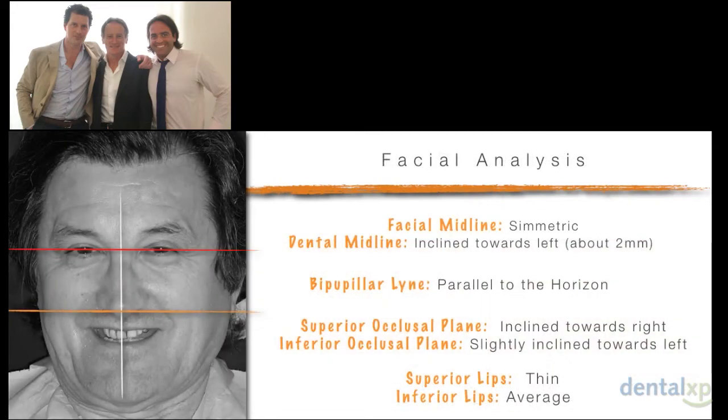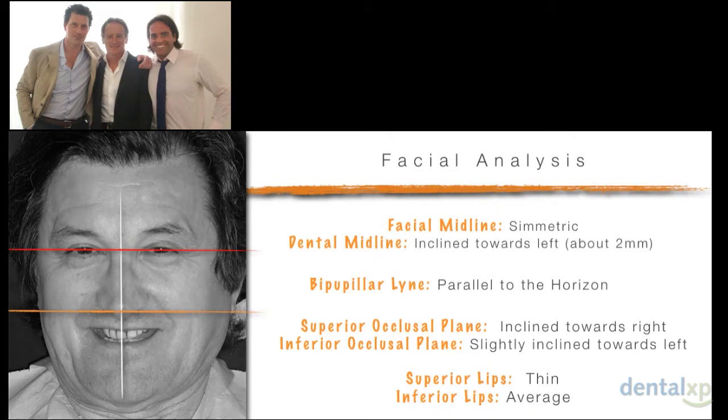So starting with our protocol, facial analysis, we always see the facial midline, which in this case was symmetric. We evaluate the dental midline, which was inclined towards the left about 2 millimeters. His bipupillar line was parallel to the horizon. From this picture we can also evaluate his smile in the face.